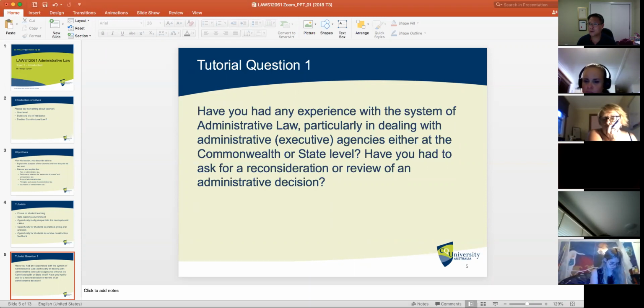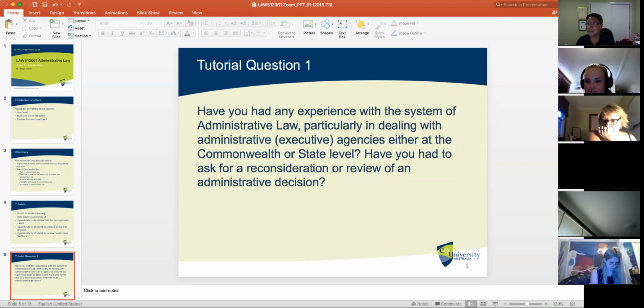From Lauren, I was a single mother for a number of years. My son is now 22. In previous years, I have experienced dealings with both Centrelink and the child support agency. Lauren, we seem to be in the same boat. From Kayla, we prepared an internal review through New South Wales Police, which was declined, and therefore we lodged an application with NCAT. There is a jurisdictional dispute, though.